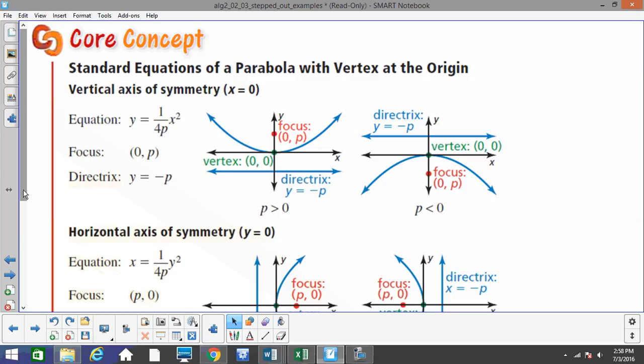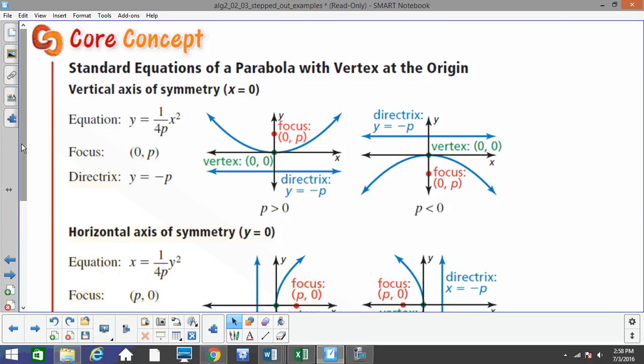Your vertex is (0, 0). Your directrix is going to be y equals -p, where p would be a constant. Your focus is (0, p). In the equation, it's going to be y equals 1 over 4p x squared. That's if it's going up or down.